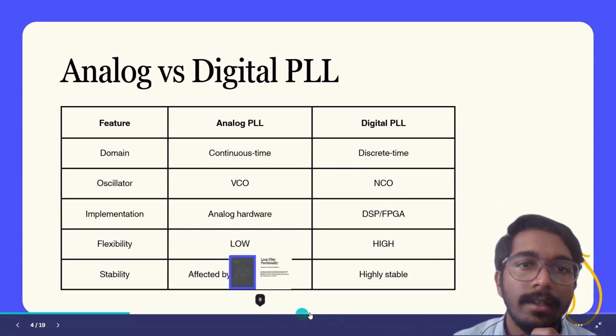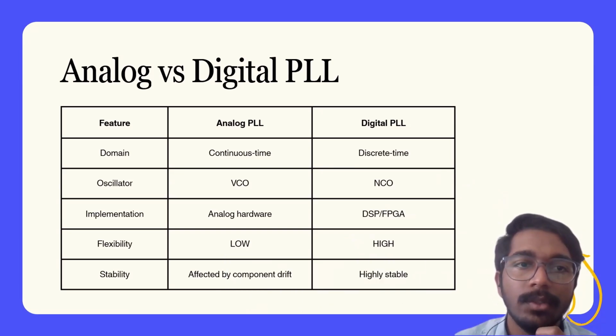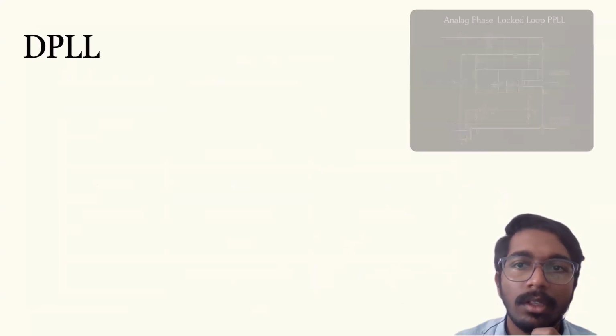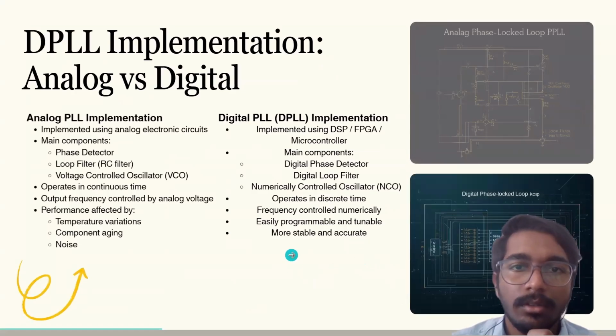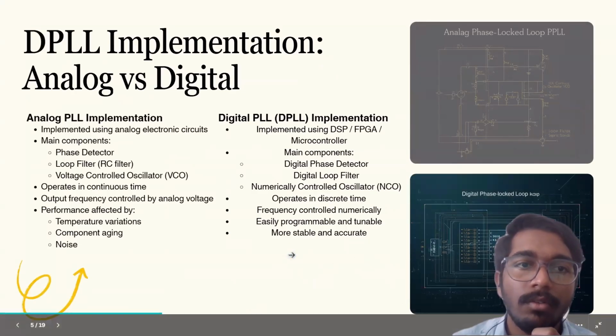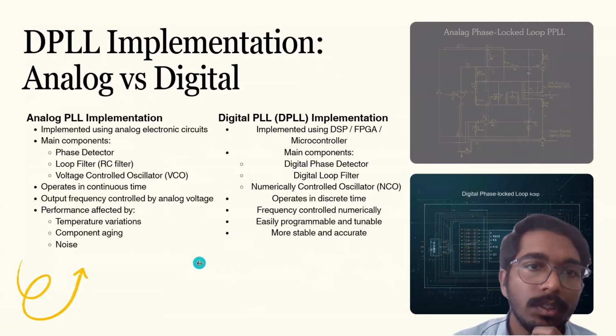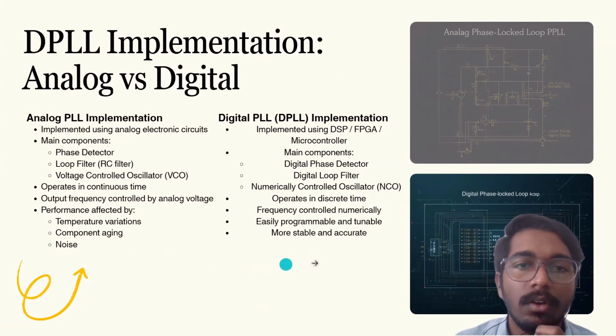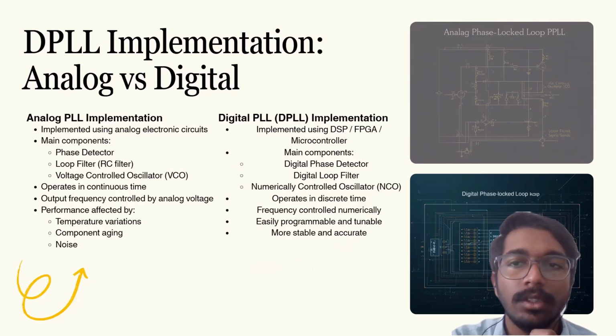On the other hand, a digital PLL operates in discrete time and is implemented using digital processors, FPGAs, and microcontrollers. Instead of a voltage controlled oscillator, it uses a numerically controlled oscillator or NCO. Instead of analog filters, it uses digital filters.